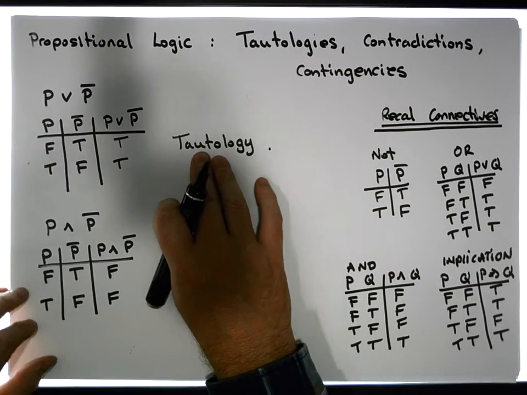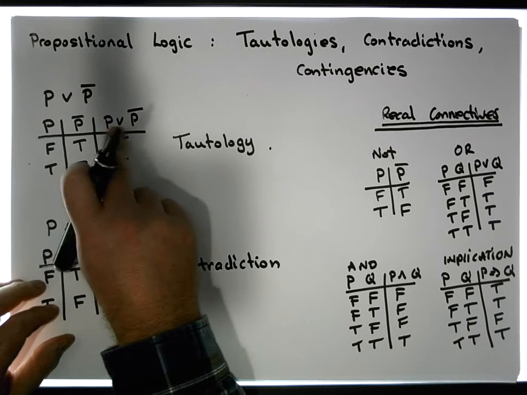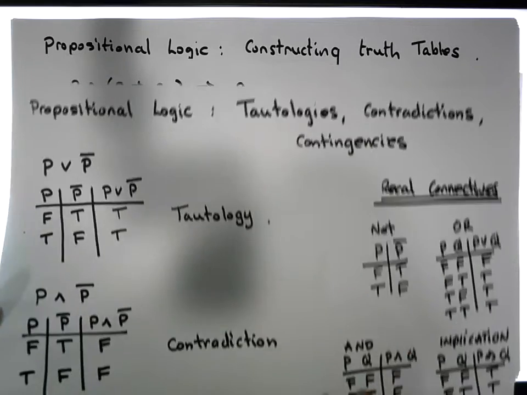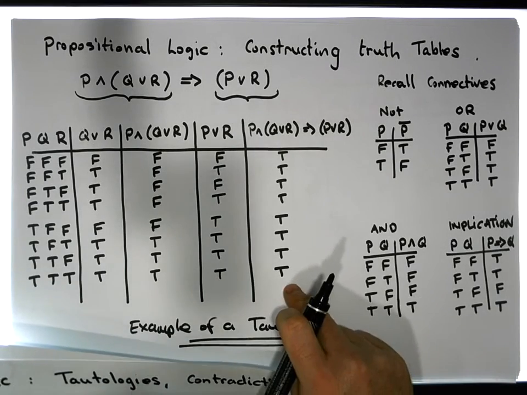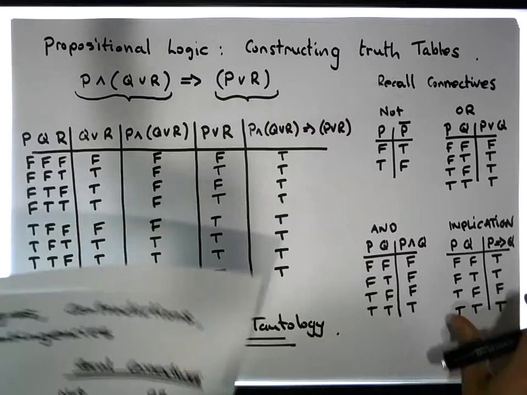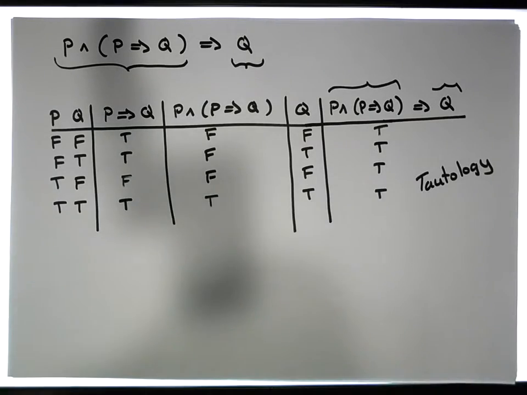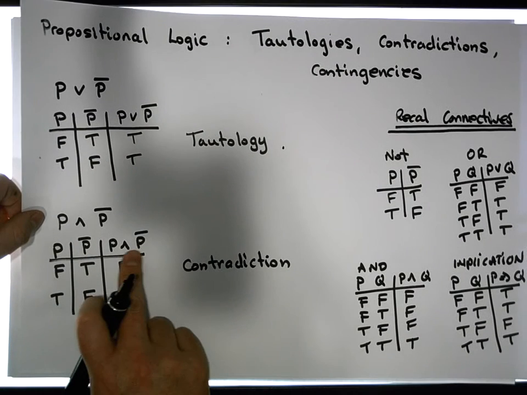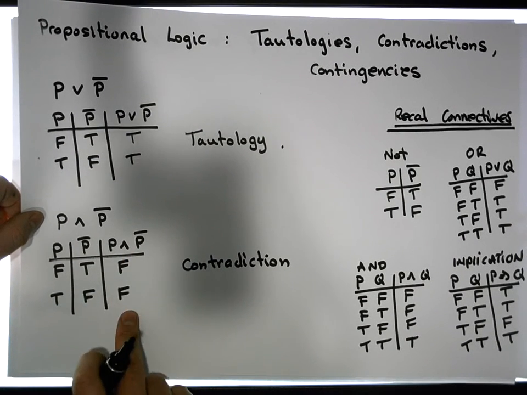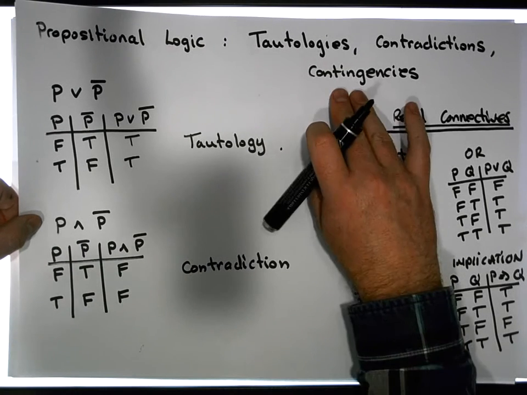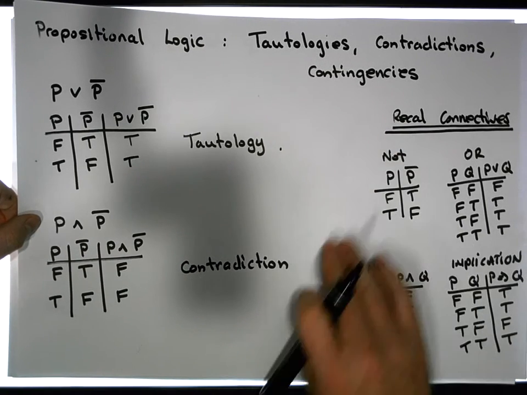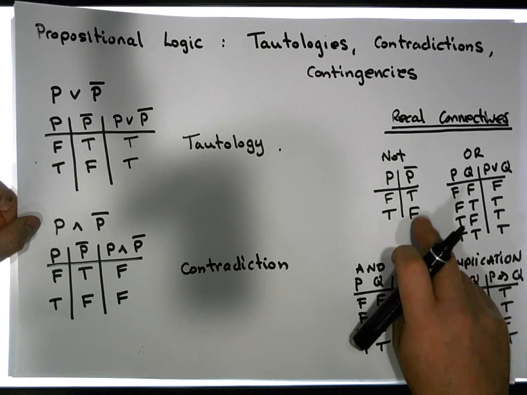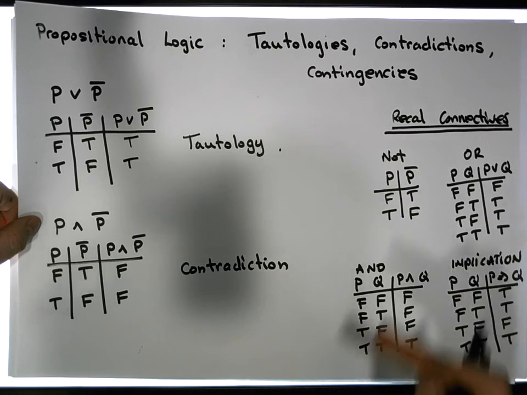A tautology is simply a propositional expression that, when fully evaluated, always gives you true values, and we had a nice example of a tautology in this video. For a contradiction, there's a propositional expression which, when fully evaluated, always gives falses. And we had loads of examples of contingencies from the connectives we defined at the start of this series of videos on propositional logic. Any time we've got a mixture of falses and trues on the outputs, they're called contingencies.